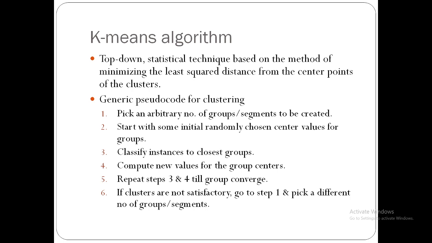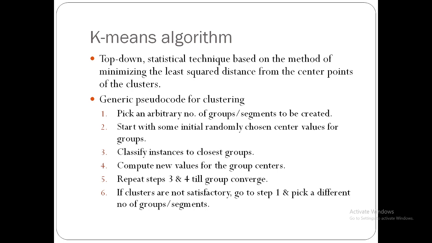Repeat step 3 and step 4 till groups converge. If clusters are not satisfactory, go to step 1 and pick a different number of groups or segments. Like this you have to construct the clusters based on the K-means algorithm.